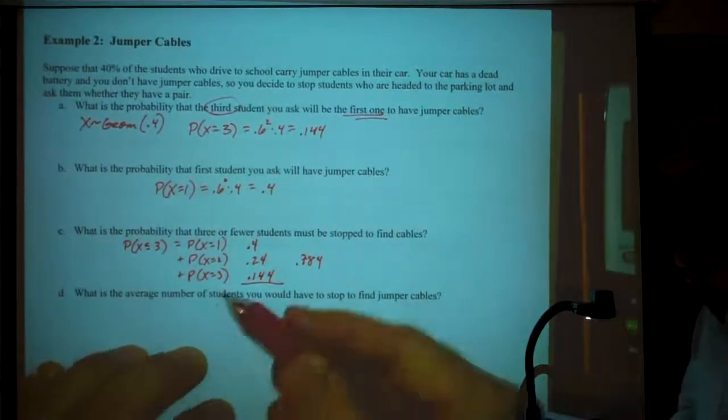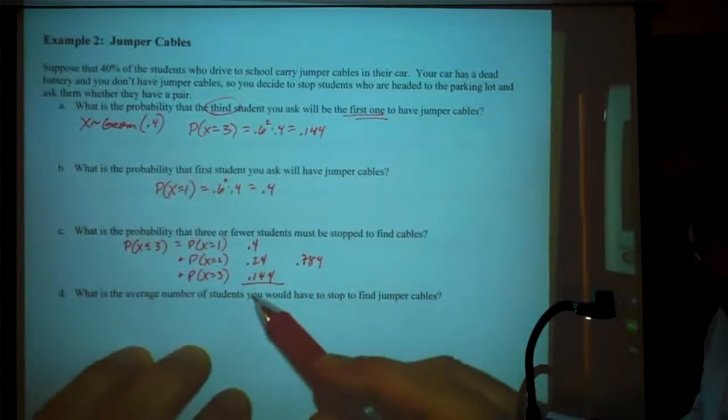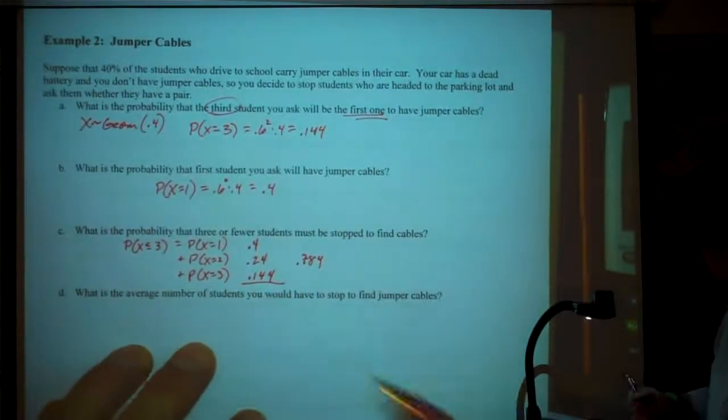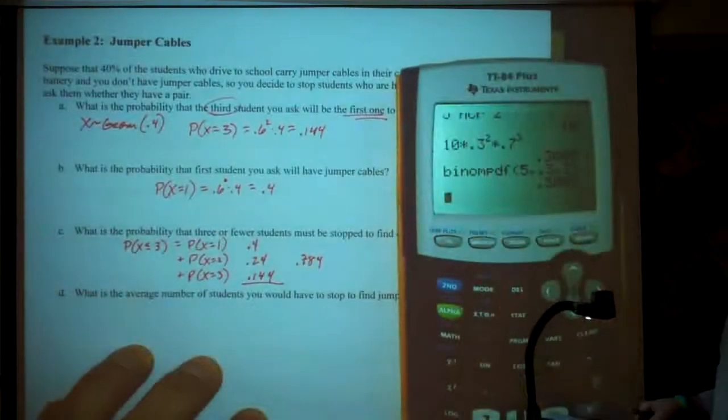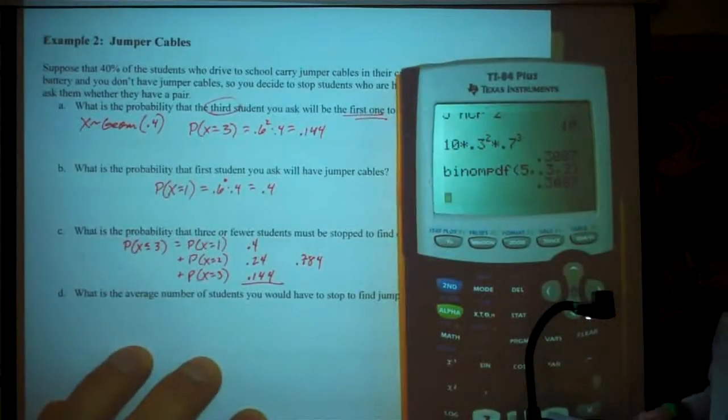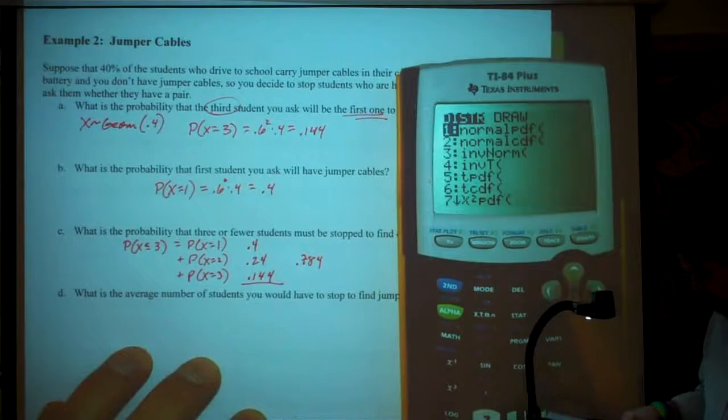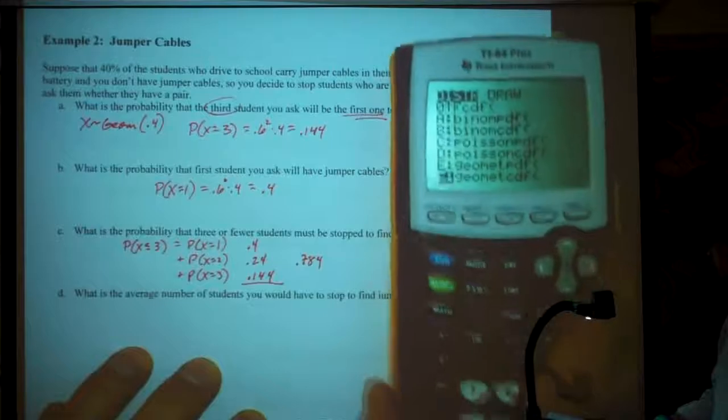Okay? Now, let's assume for a second that you are just really lazy. Okay? Well, I've got good news. You hit second distribution, go all the way down to the bottom, and you'll see geometcdf.